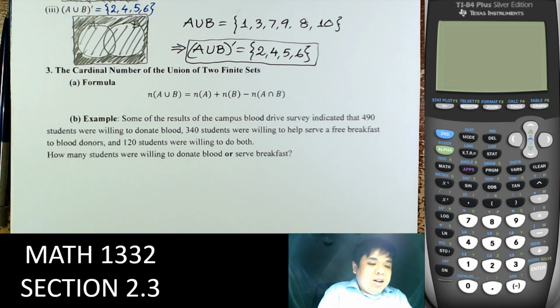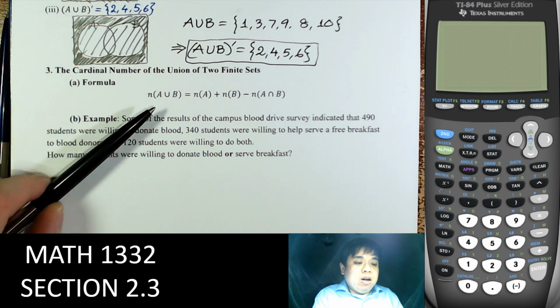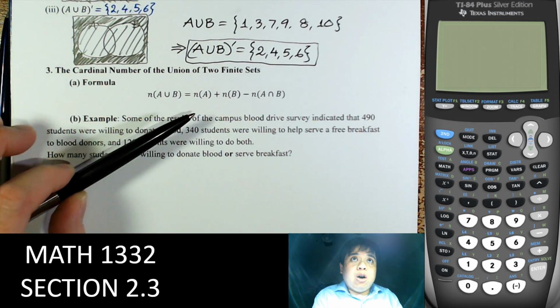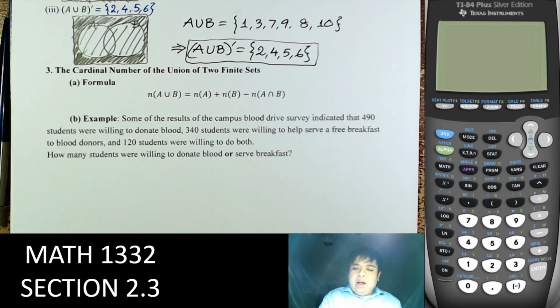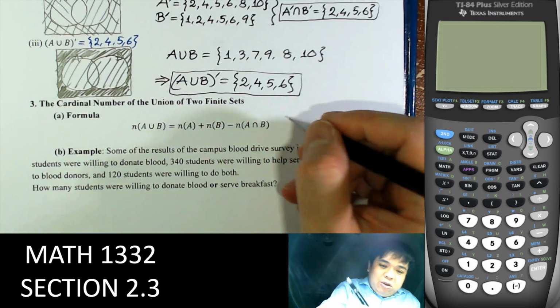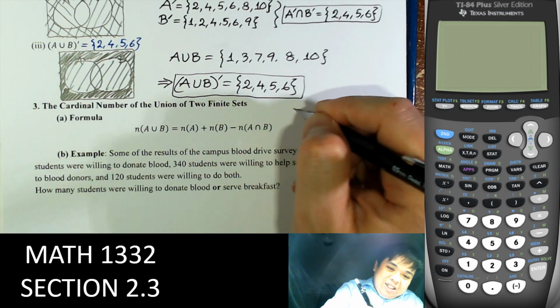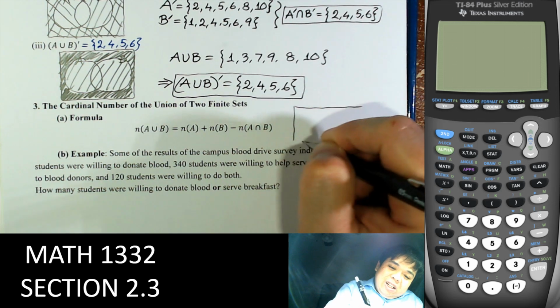Next we have the little formula here that says that the cardinal number of the union is equal to the cardinality of each set minus the overlapping. Well, the proof is very simple. Just do that by drawing a Venn diagram, if you will.